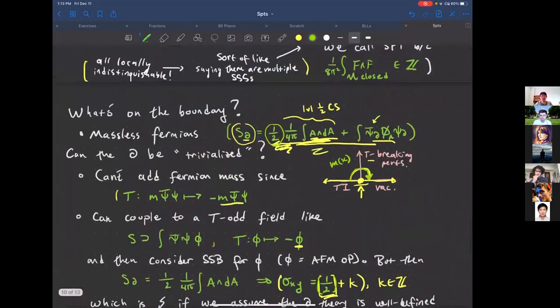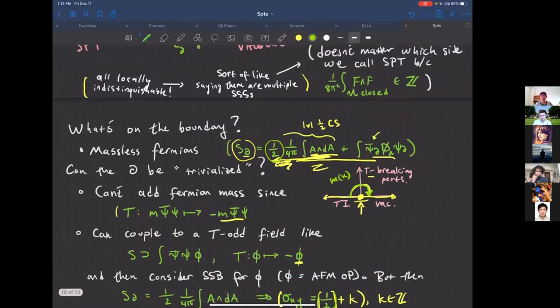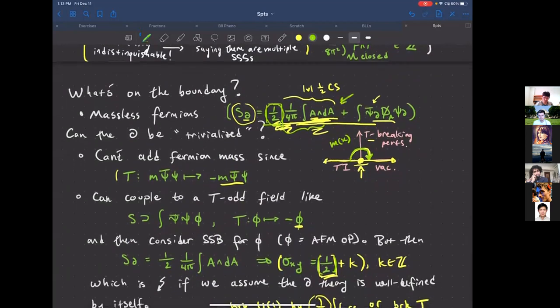If I allow myself to consider breaking the U1 symmetry, then I can regulate the path integral in a way that this 1/2 disappears. You can think of it as this 1/2 meaning that this term is not gauge invariant. And if I allow myself to add terms to the action which break U1 explicitly, then my action will not be gauge invariant, obviously, because I've explicitly broken the symmetry. And you can add these terms in a way such that this thing dies. So if I break U1, then the topological response action can just be made trivial. So I need both symmetries.